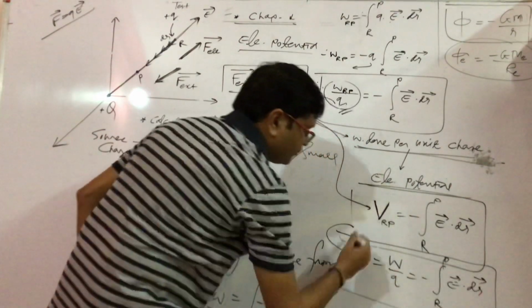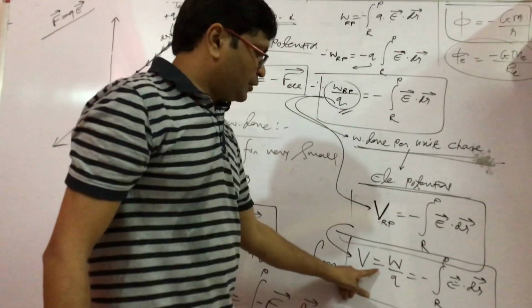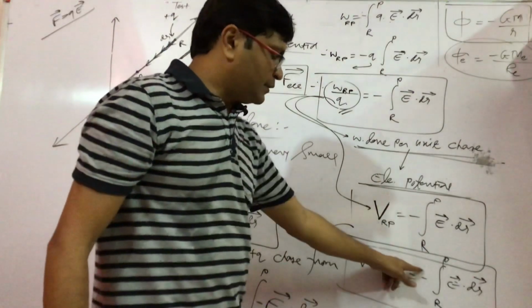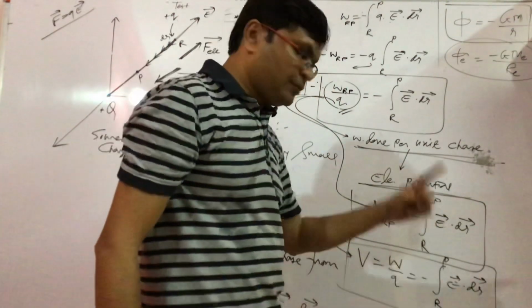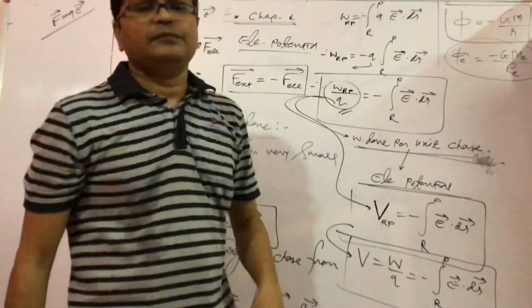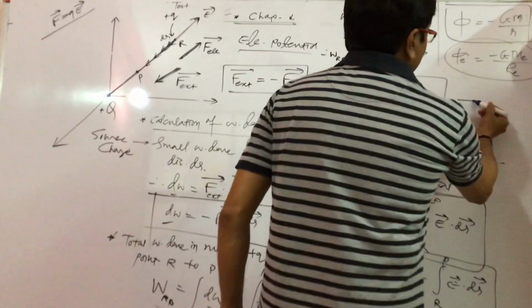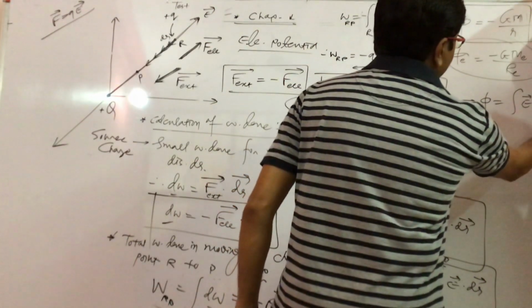Now, if you observe this equation, potential is equal to work done per unit charge. Potential can also be defined in the form of this integration. What is the meaning of this? Remember, as per Gauss theorem in chapter number one, flux phi is equal to the integral of E dot ds.